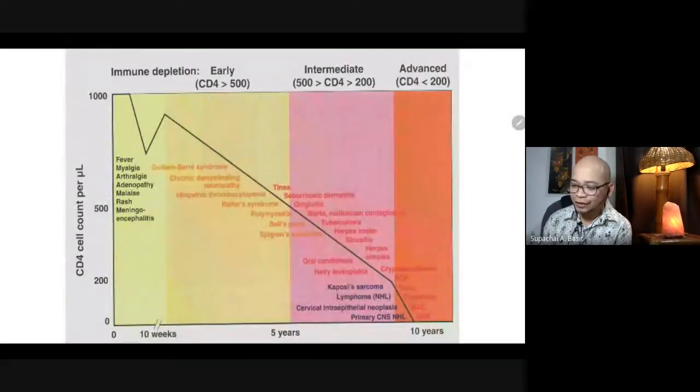And usually, these particular categories are characterized by different associated signs and symptoms and associated opportunistic infections. And according to CDC, category C may even last up to 10 years, particularly if the patient is not on antiretroviral therapy.